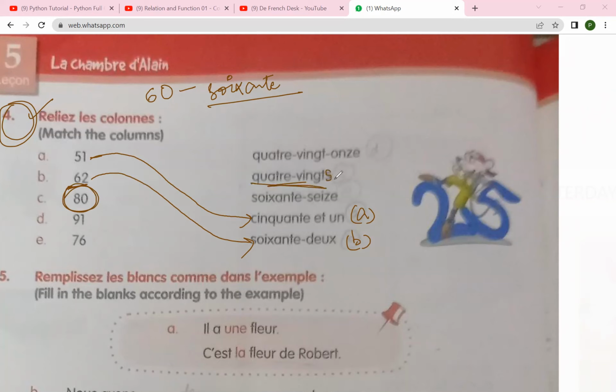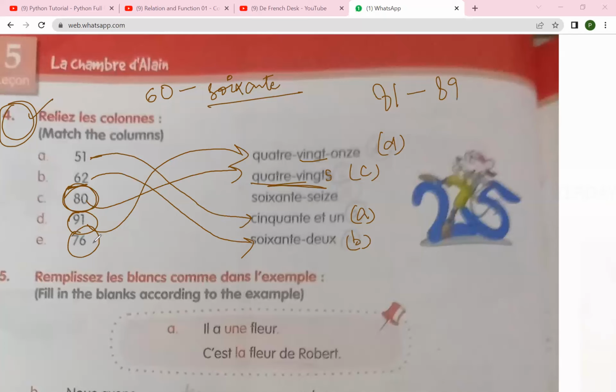Mind you, in 80 we have an S, but when we write 81 to 89, we do not add an S to vingt. So here, this is the C option, 80. Now 91, okay, and the last one 76. So E part. Again, this question is easy. You just have to revise the number names on regular basis.